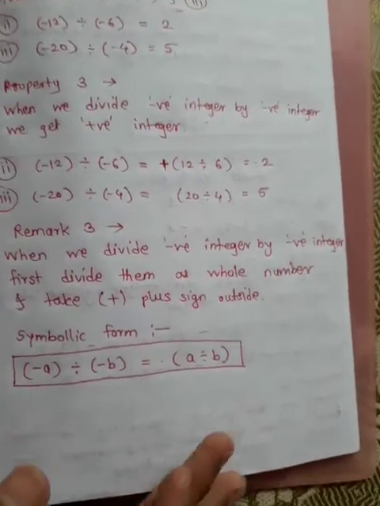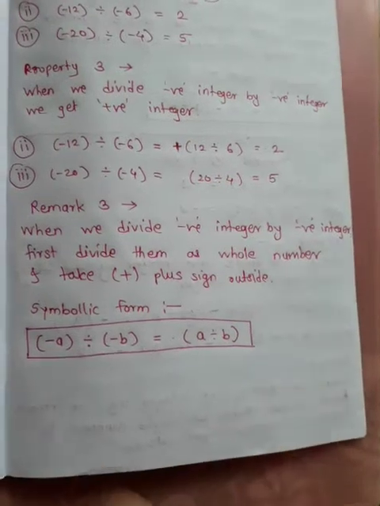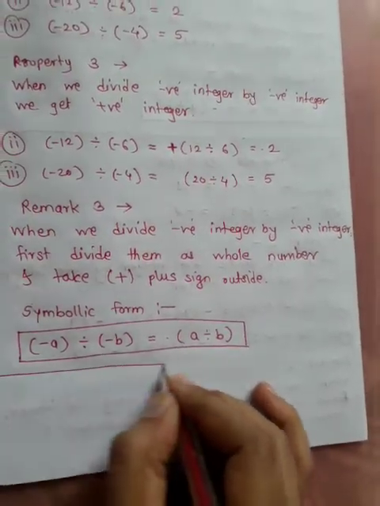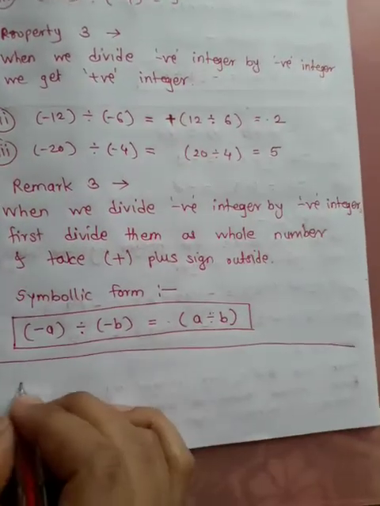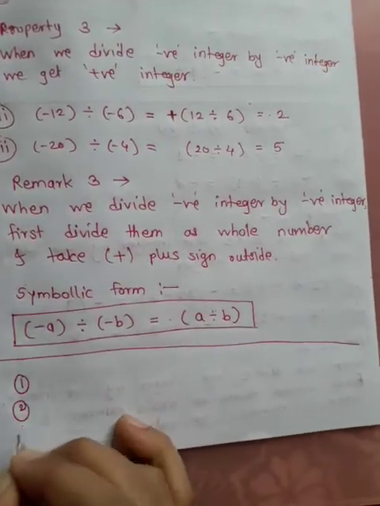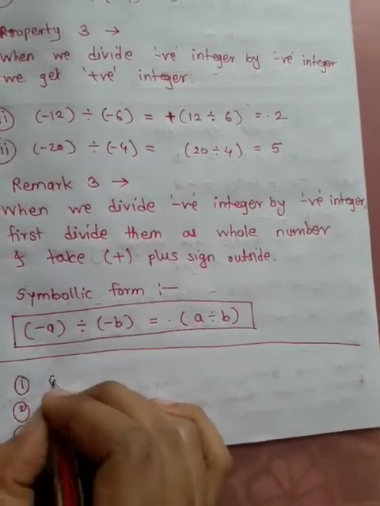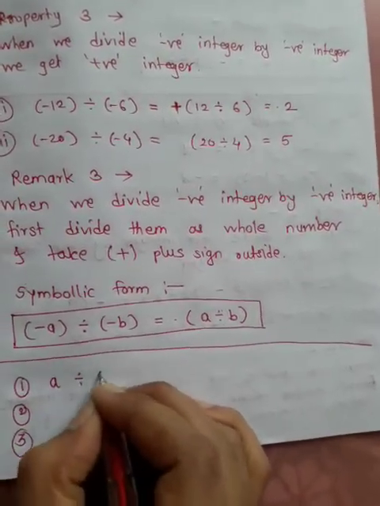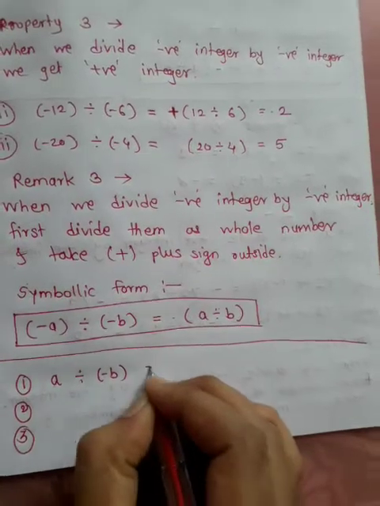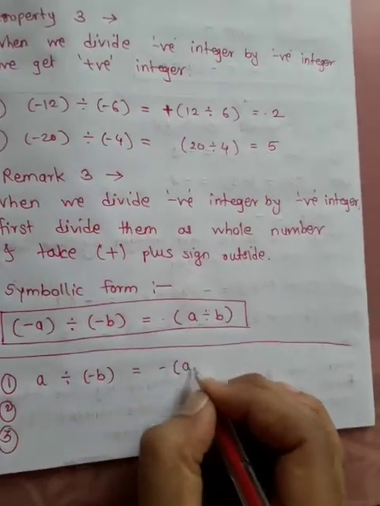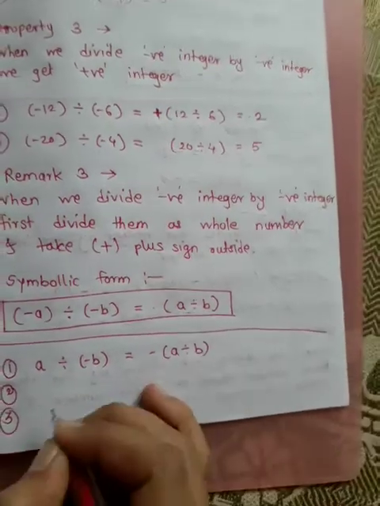So by this lecture we have got 3 remarks. And what are those 3 remarks? Actually these are properties of division. When a is divided by minus b, it implies minus a upon b.